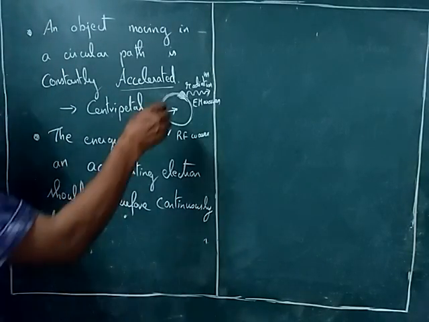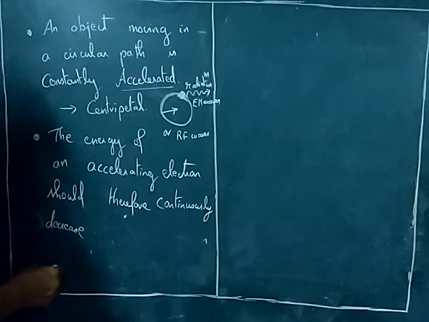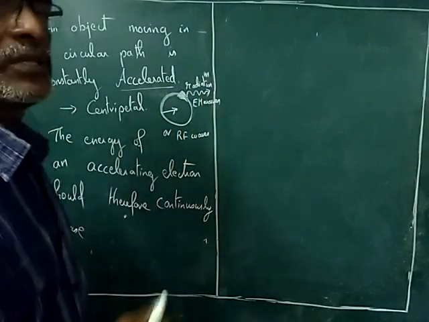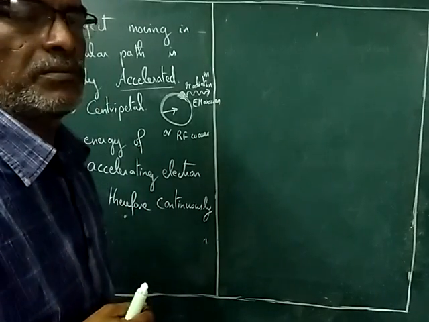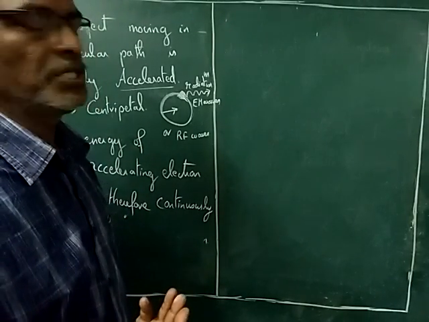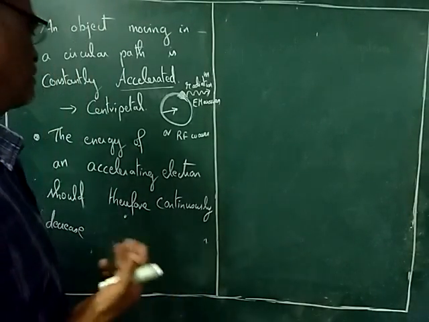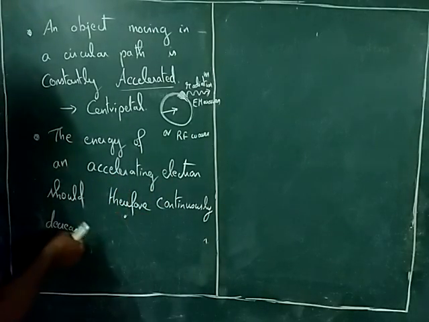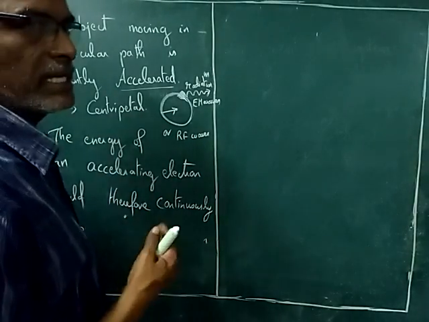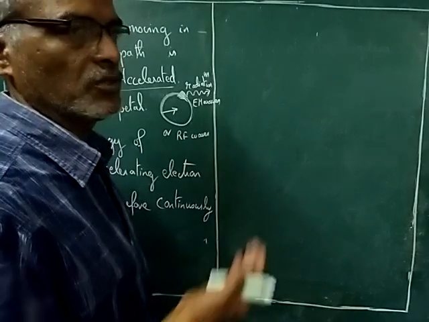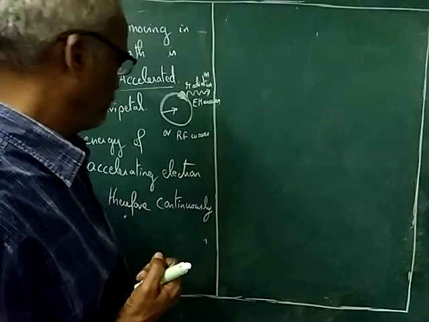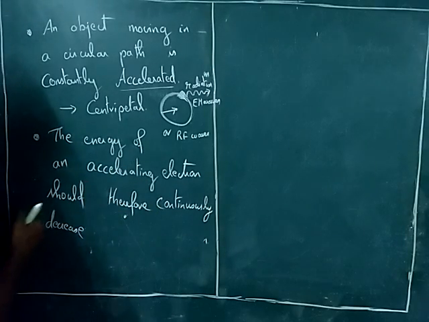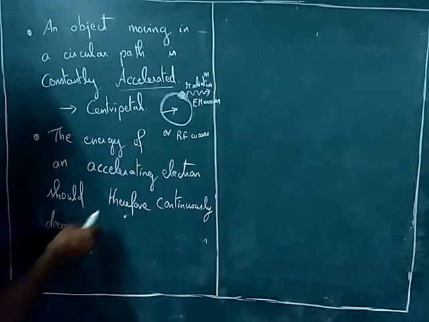If you consider this to be an electron, some energy is radiated, so there is a loss in energy because of centripetal acceleration. Therefore, the energy of an accelerating electron should continuously decrease.